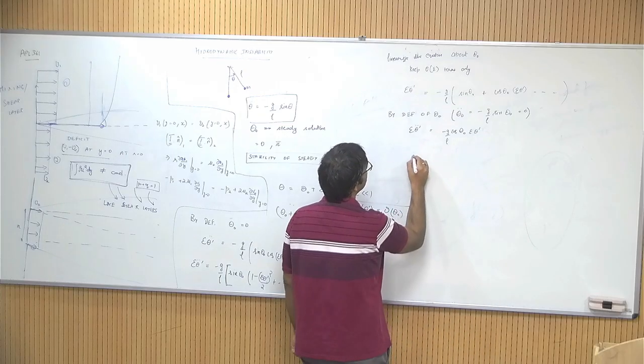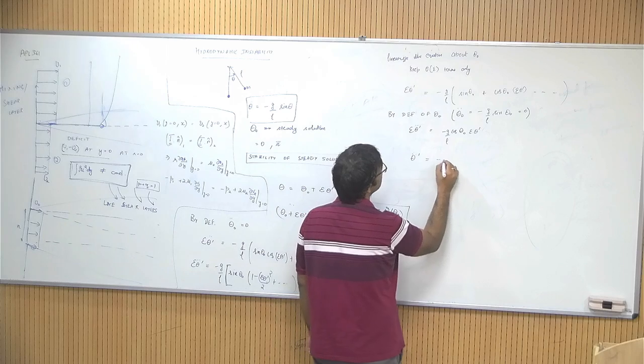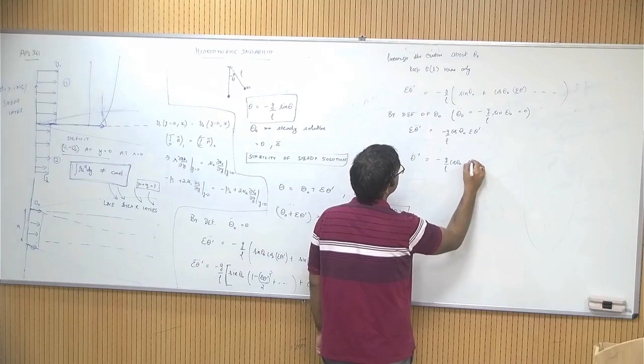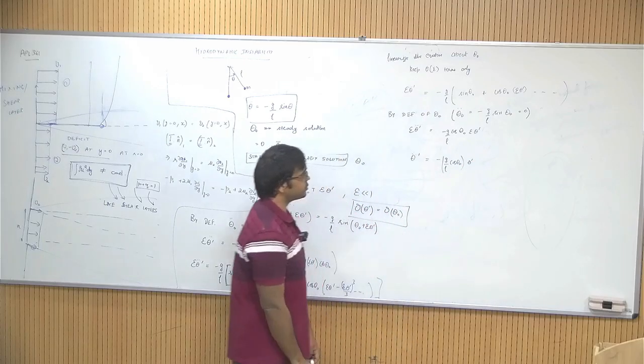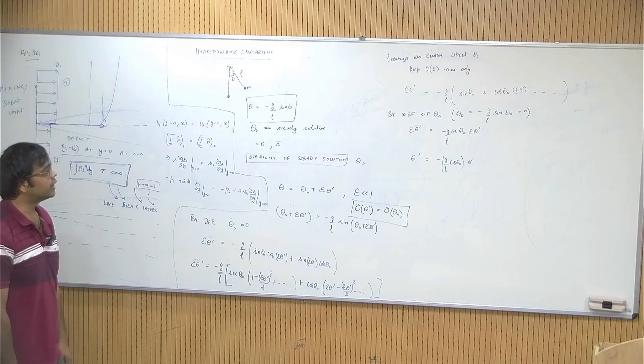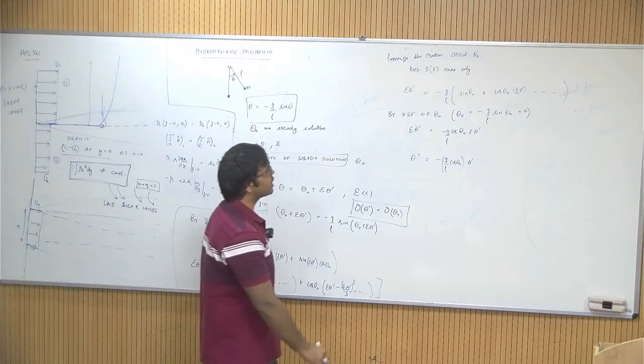So, for theta prime we have the linearized equation as minus g by L cos theta naught theta prime. Okay. For theta prime we have this linearized equation.